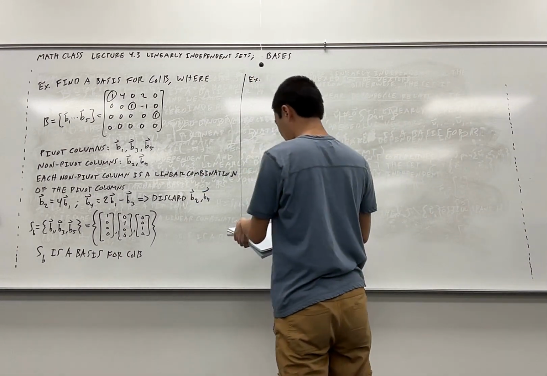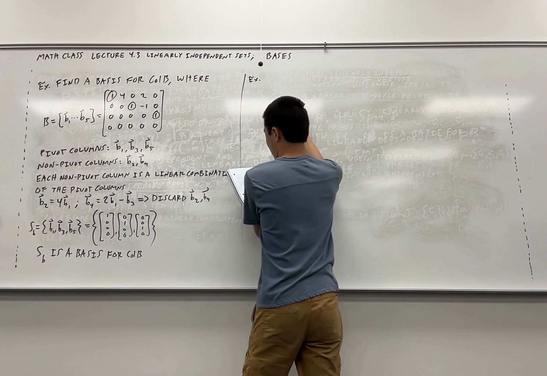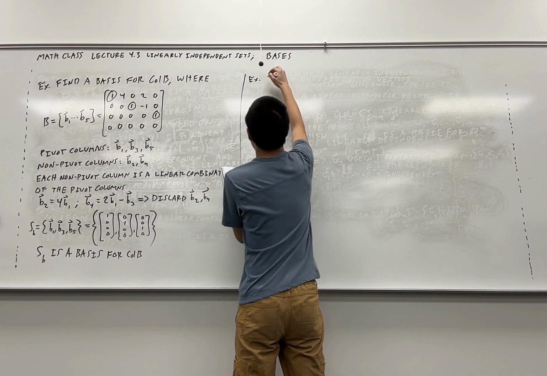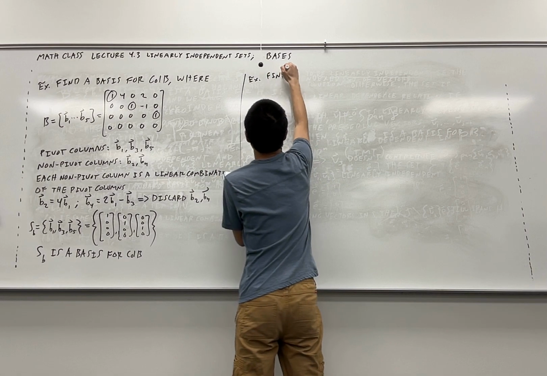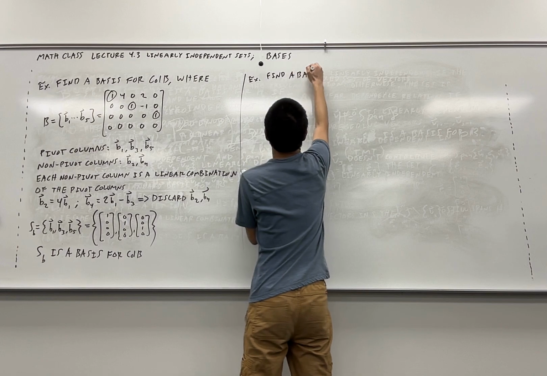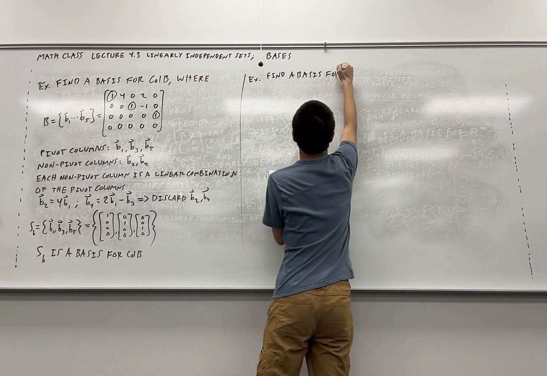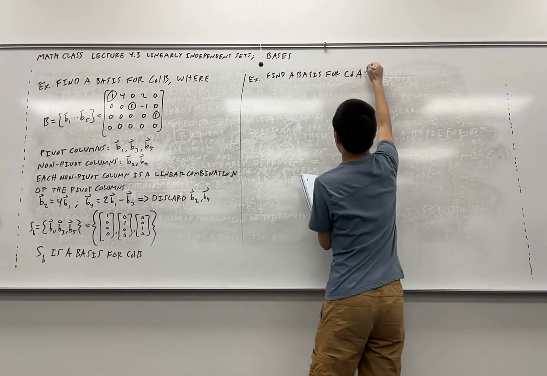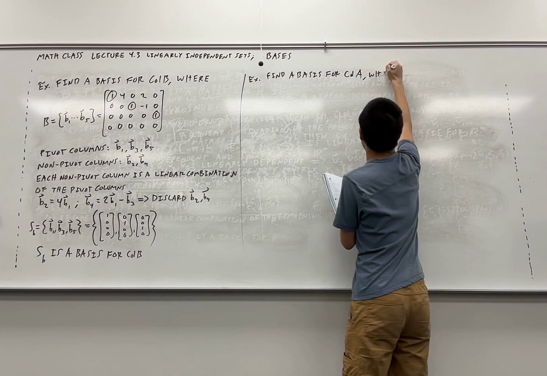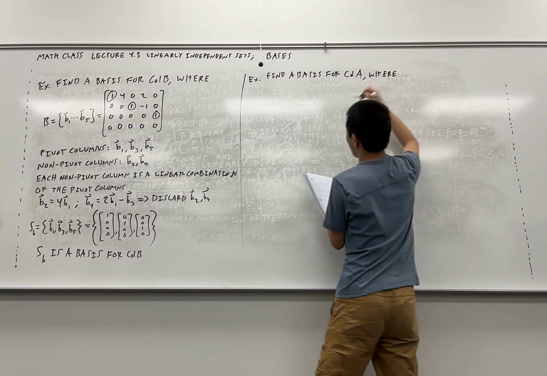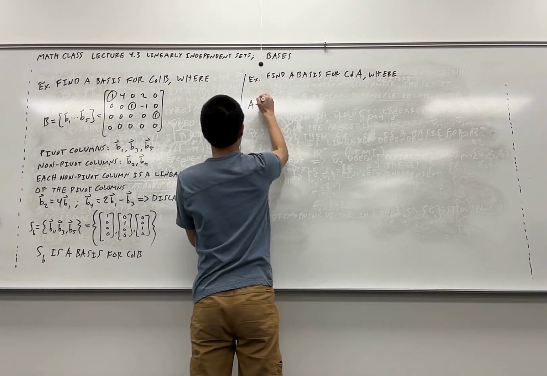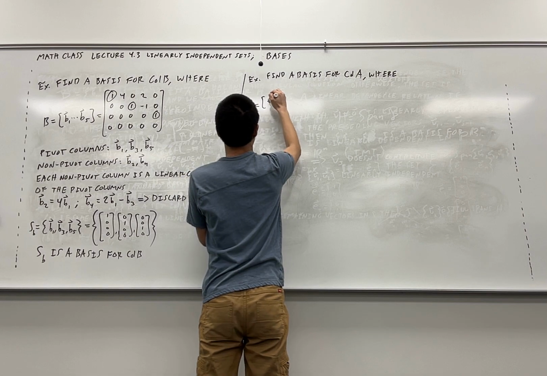So suppose I want to find a basis for the column space of A, where A is going to also have 5 columns.